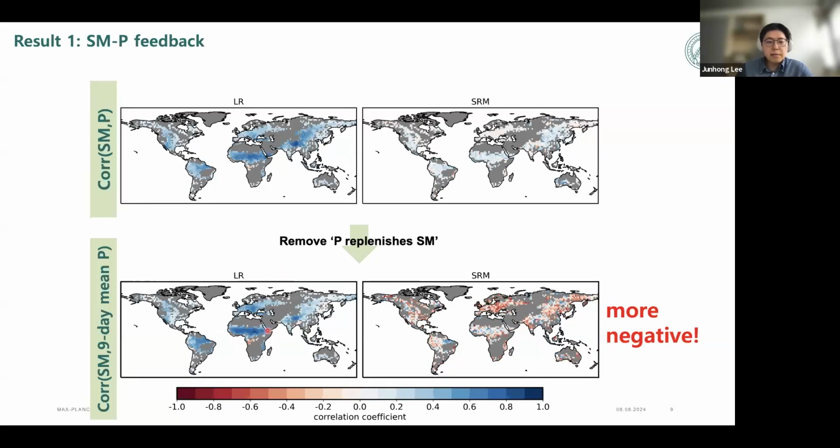Still positive, even over the tile region it is getting more positive. But in the storm resolving simulation, after I remove the impact of precipitation replenishing soil moisture, the color changes to more negative, meaning we have really negative SMP feedback in the storm resolving simulation.